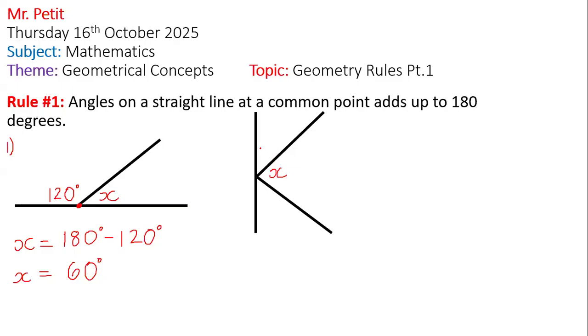I said this is 64 degrees. I said this is 71 degrees. This is number 2. How are we going to figure out what X is?